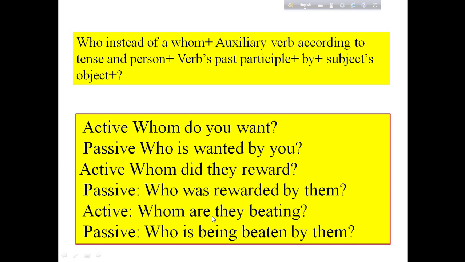Our active voice was written in present continuous tense. Then you have to write the verb's past participle, beaten, then the preposition by, after that subject, object, them, and last of all you have to put the note of interrogation, I mean question mark.